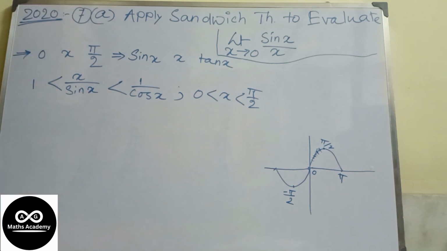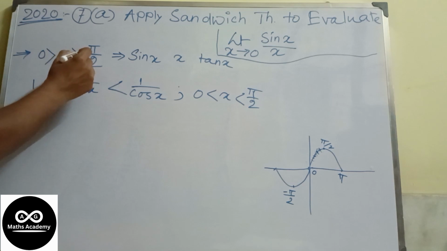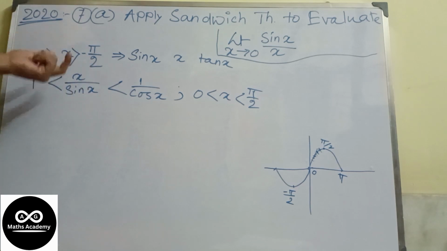For the left hand limit, we will take x in between minus pi by 2 and 0.